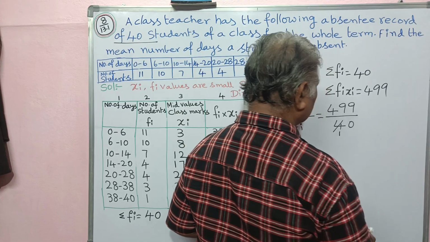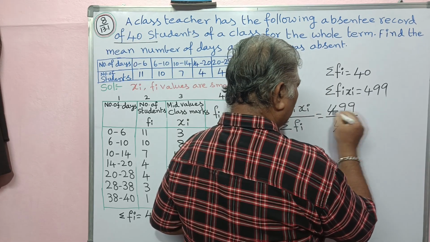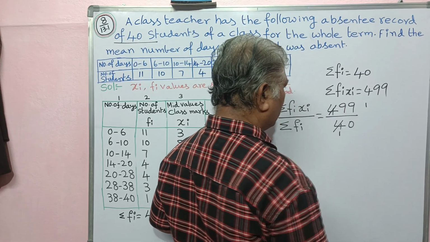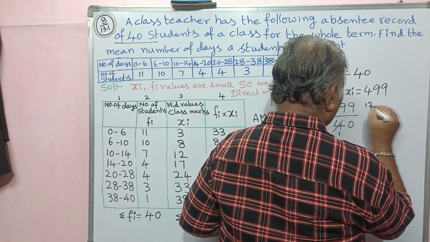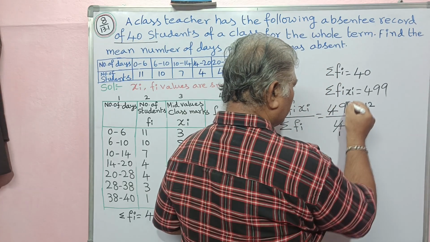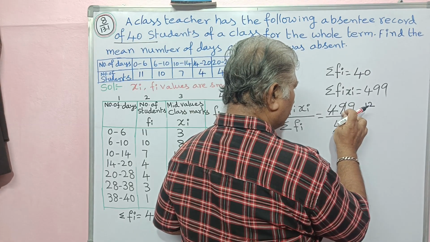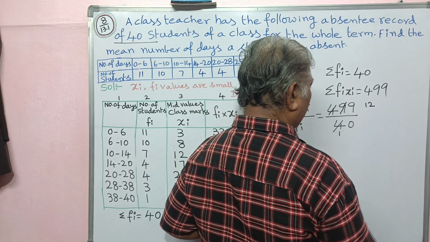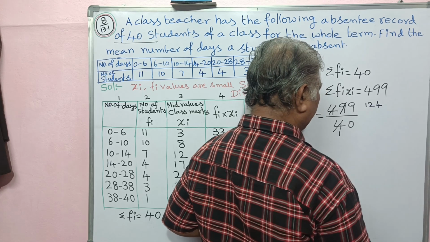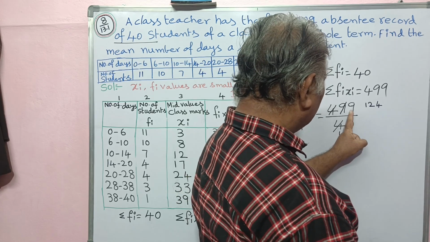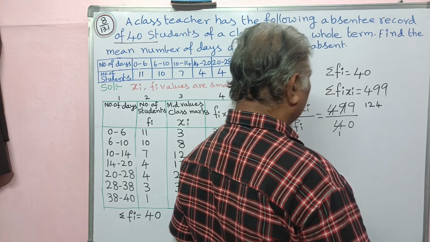Let us divide 499 by 40. 4 ones are 4. 4 twos are 8, 1 remains, 9. 19. 4 fours are 16, 3 remains.